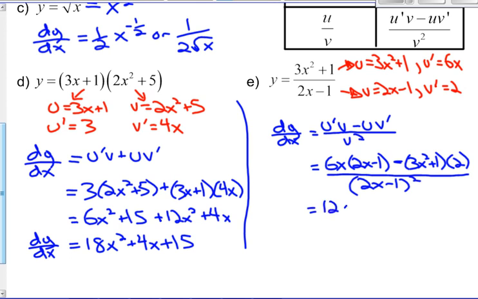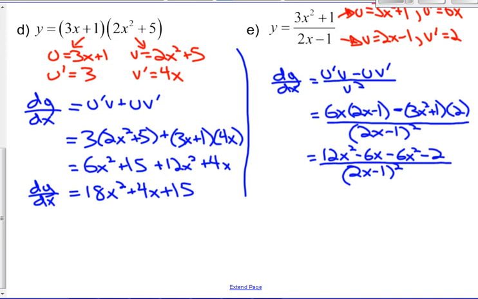Okay, gives us 12x squared minus 6x. This will be minus 6x squared minus 2. So, 6x squared minus 6x minus 2, all over 2x minus 1 squared.